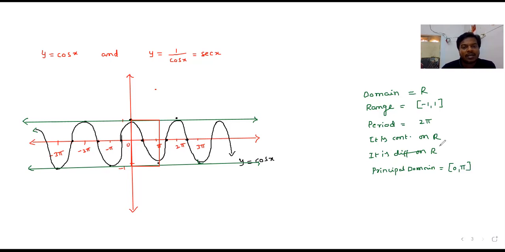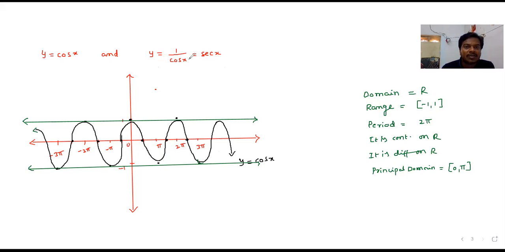Okay. Next, we are going to discuss the reciprocal of cos x. That means the graph of secant x. Just substitute the values of cos x in y equal to 1 by cos x, that gives secant x. See here, when x is 0, cos 0 is 1.